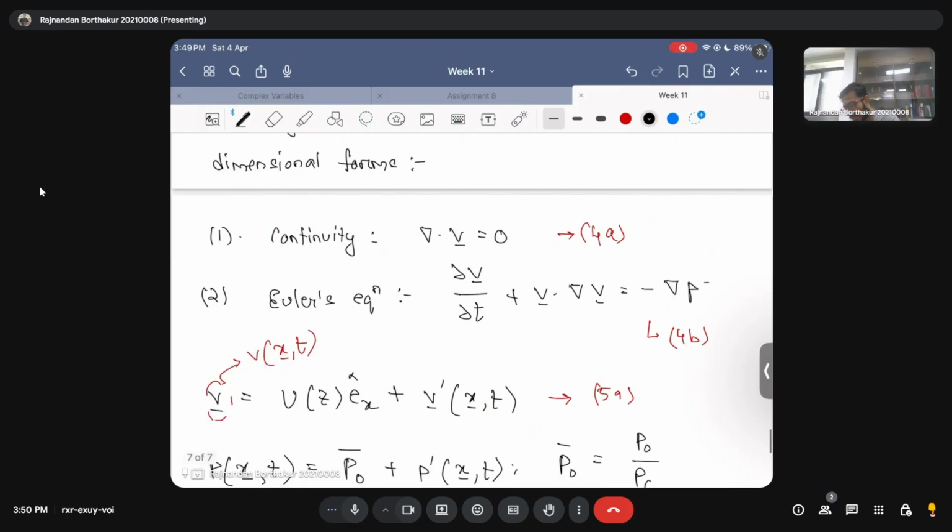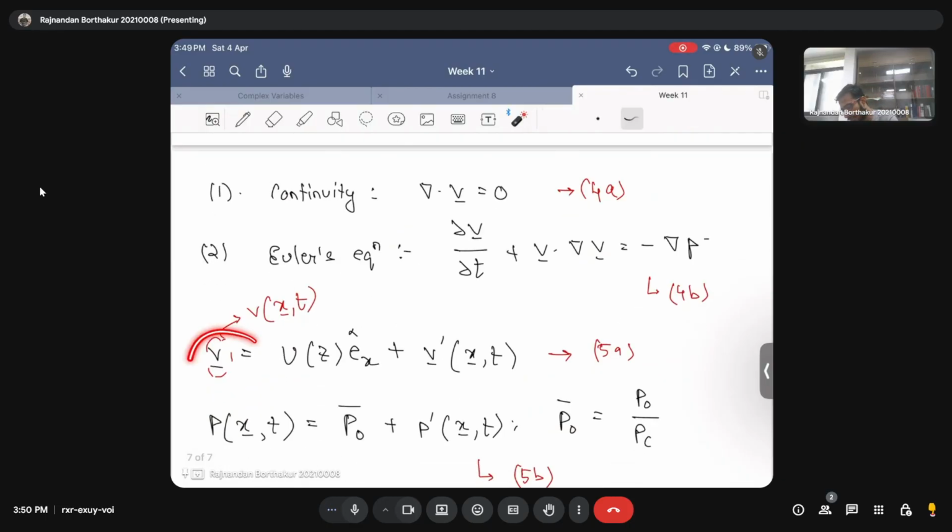For example, if I substitute v bar as u0 plus v dash, then I know that u0 already satisfies the continuity equation. We already proved that. So what in principle we are doing is subtracting the equations that the base flow satisfies from the equations of the total variable in order to get the equations of the perturbations. That's exactly what we are doing, keeping in mind that the base variables trivially satisfy the equations.